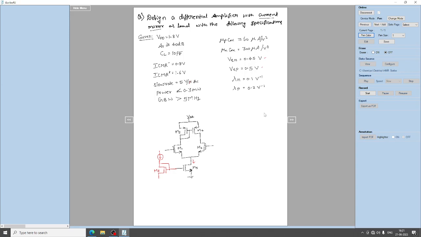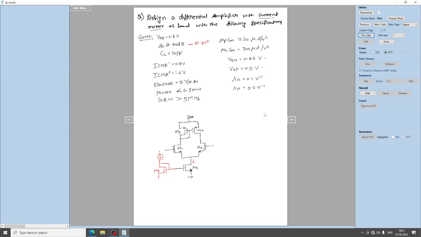To brief about the specification, the supply voltage and the gain given here is basically a DC gain or low frequency gain. The CL, that is the load capacitance, is basically the capacitance of the next stage if it is cascaded.